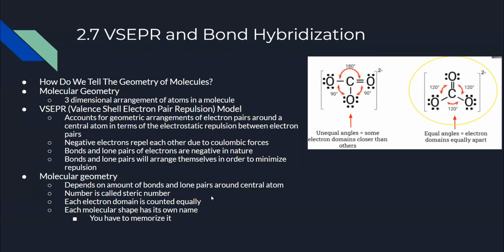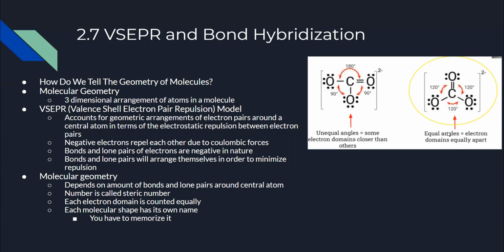It accounts for the geometric arrangements of electron pairs around the central atom in terms of the electrostatic repulsion between the electron pairs. Negative electrons repel each other due to Coulombic forces, while bonds and lone pairs are negative in nature. So bonds and lone pairs arrange themselves in order to minimize the repulsion.